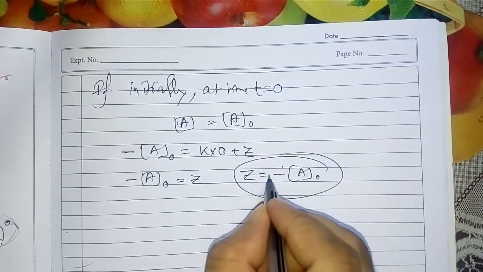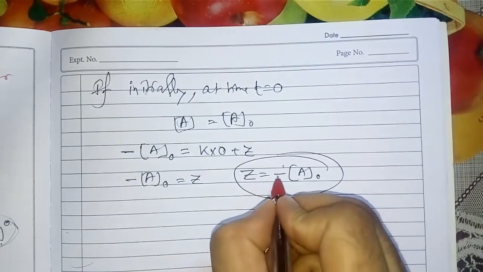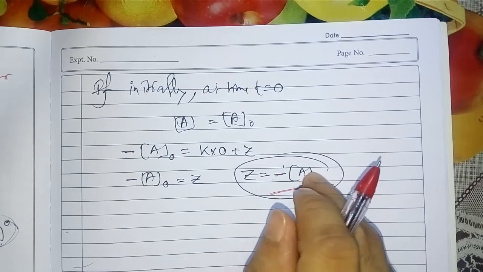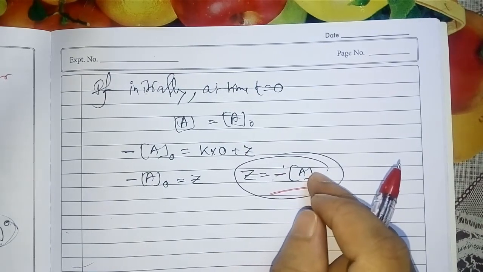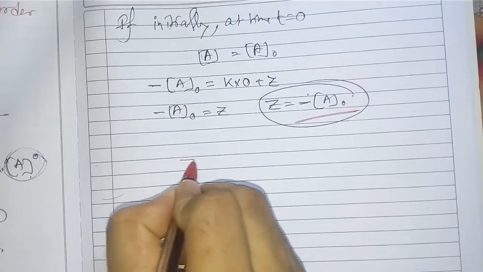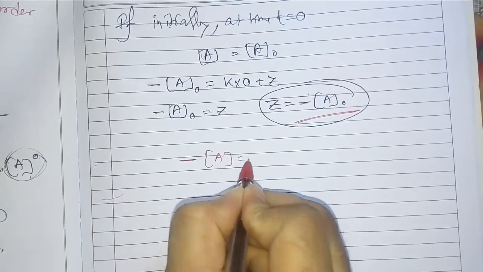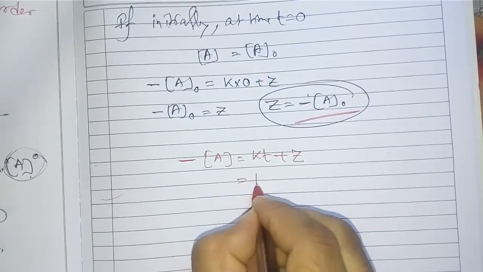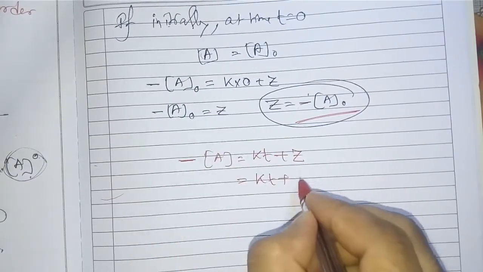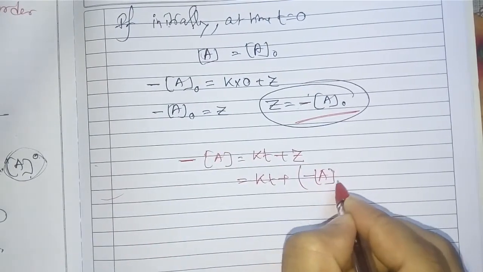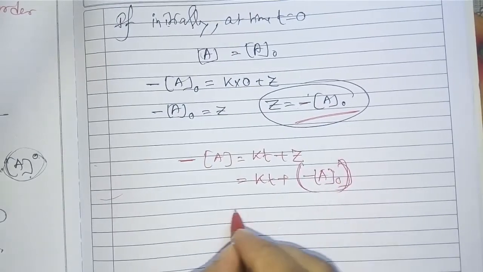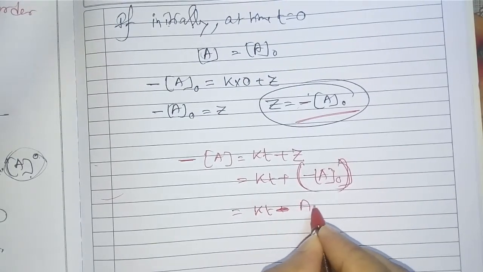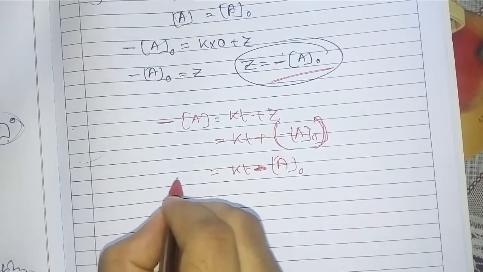Now put this value in equation number 2: concentration of A equals Kt plus Z, where Z is minus the concentration of A naught.